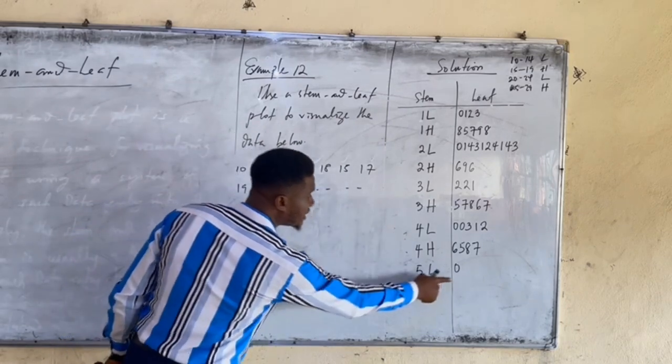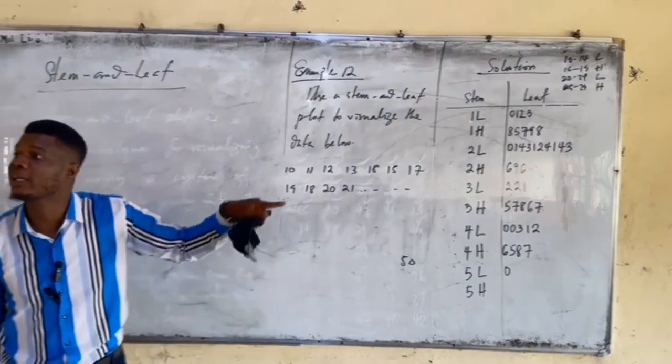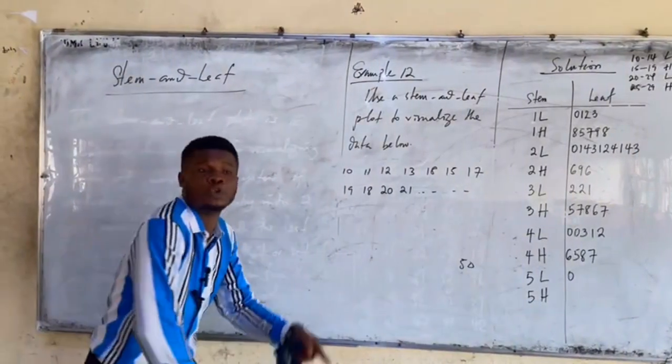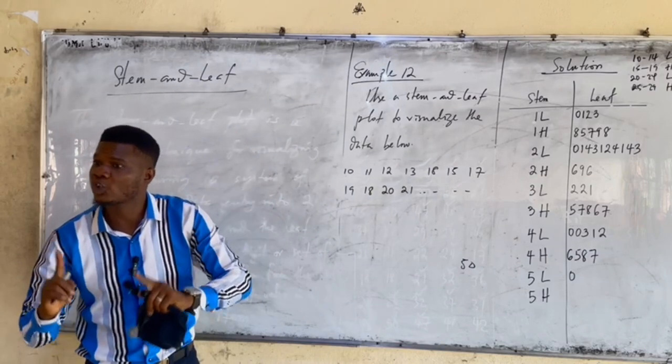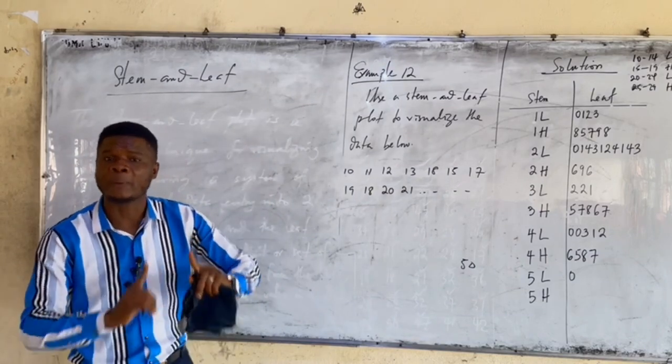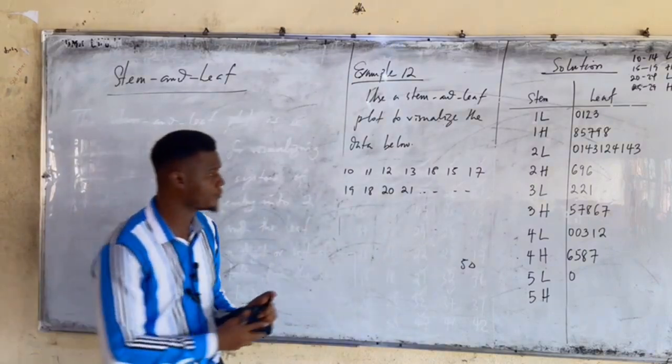I will move until I get to what? 50. Do you see it? It is the only graph with which you can do what? Reverse the process. Am I understood? So when you hear us use the language that stem and leaf preserves the data, that is what we mean. That is advantage number one.